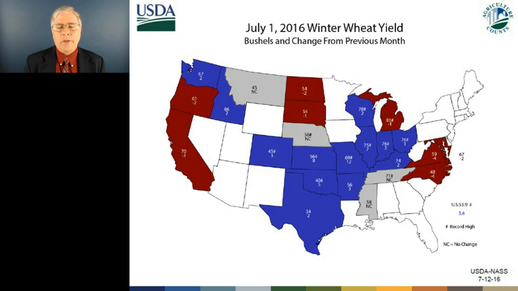The problem is with the high yields, unless you are very intensive in your management, that means the protein is low. That makes it more difficult to market on the international market. That means those surplus bushels need to fit into the feed stream, need to price themselves into the feed market.